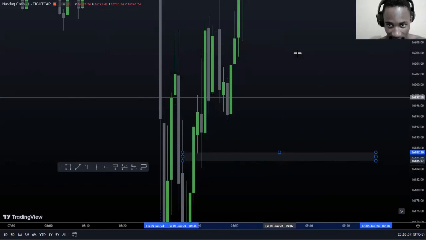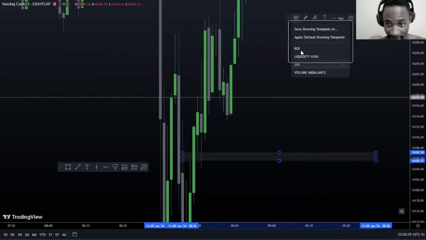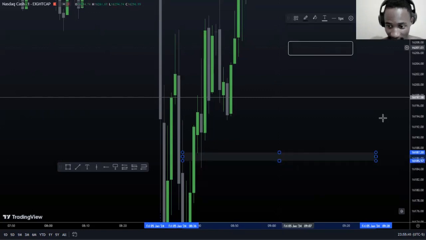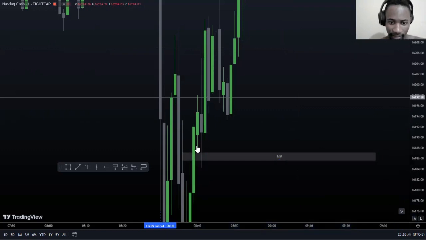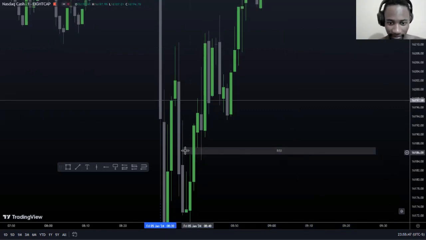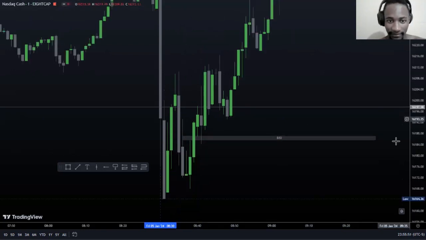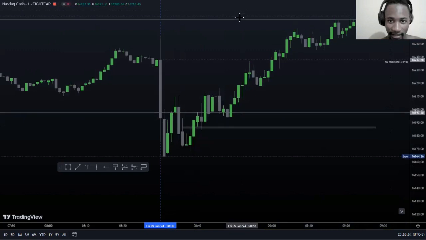This is my CV: buy side imbalance, sell side inefficiency. I was going to enter my trade on this one, with a second entry on the half of this one. Then I was going to target these highs here, my buy side liquidity, because these are buy stops resting above here.